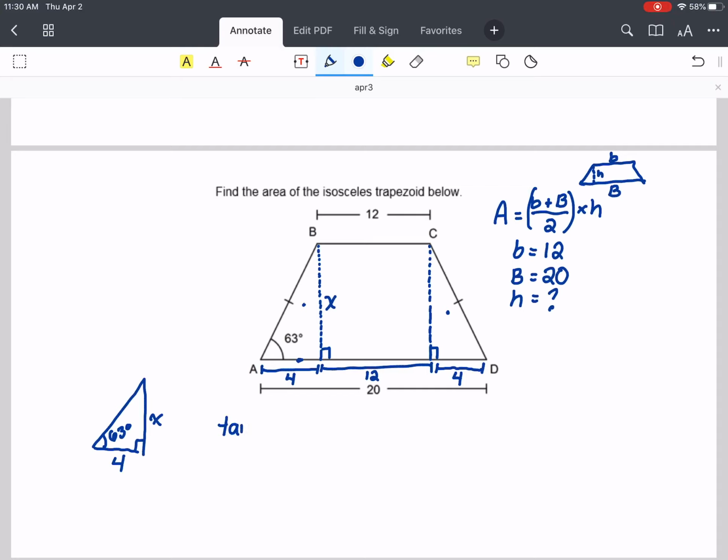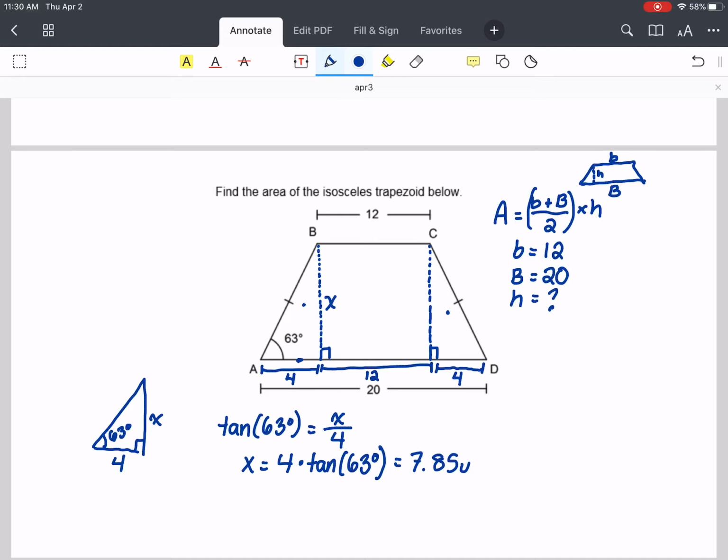So tan of 63 degrees is going to be equal to the opposite, which is x, over the adjacent, which is 4. X, therefore, is 4 times tan of 63. Put that in your calculator, you get about 7.85 units.